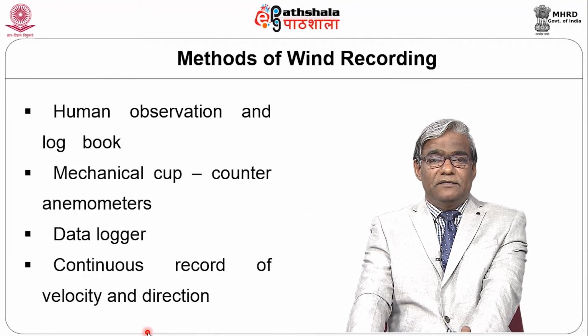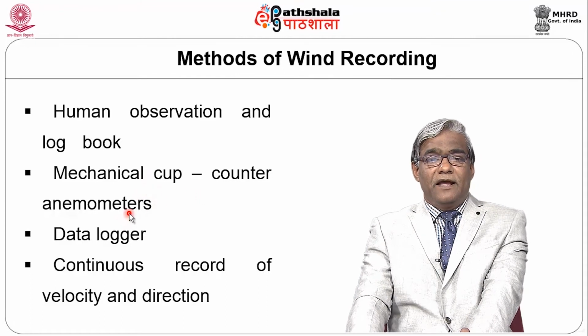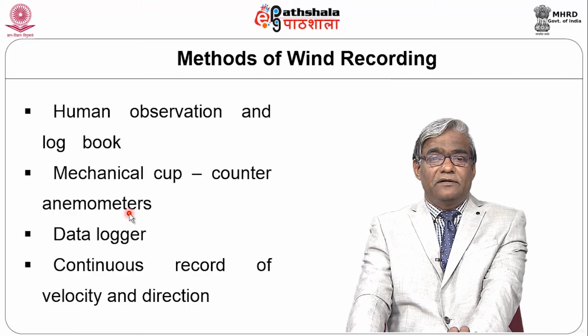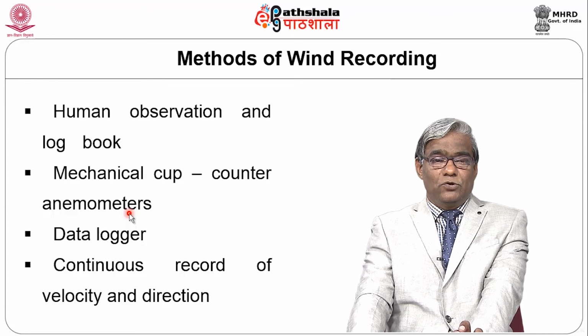And these are the methods of wind recording. We are supposed to record the wind velocity every minute, with human observation and logbook. Before 20-30 years ago, people used to note down in the logbook, with mechanical counter anemometers that measure the wind speed, and it would be noted down in the logbook.